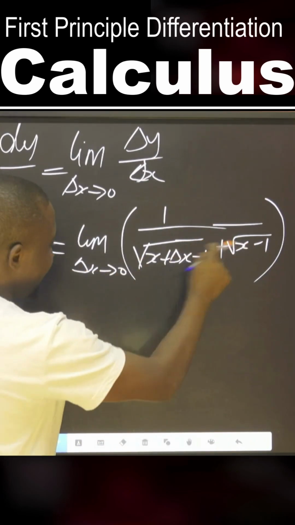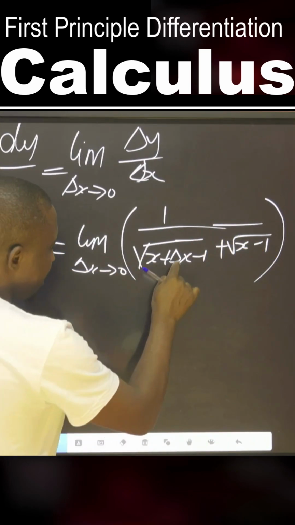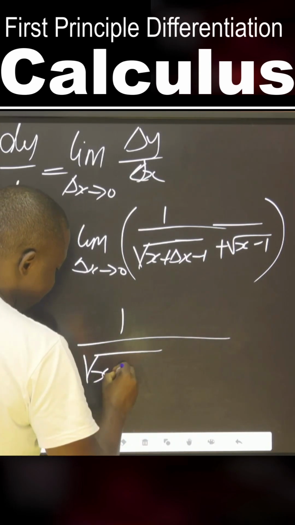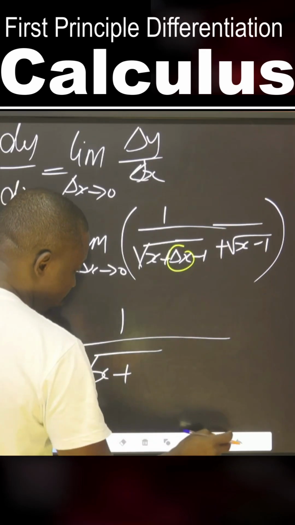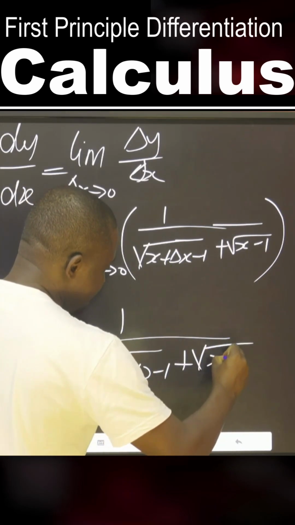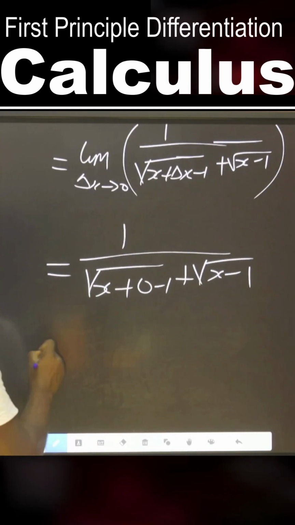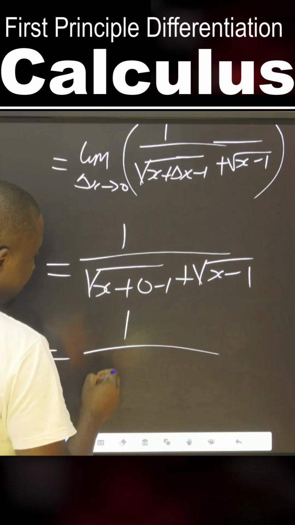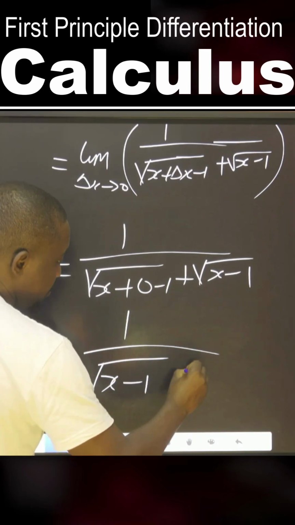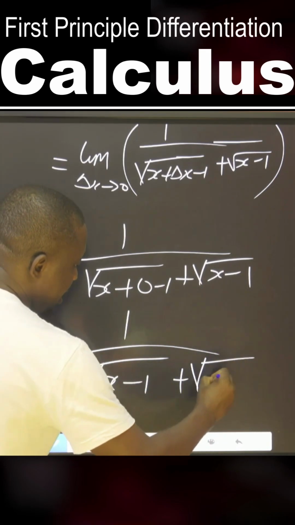Now, what is the meaning of this going towards 0? It means we are going to introduce here s. Anywhere we see this, we put 0. Okay? 0 minus 1 plus this s minus 1. That is to say now we have 1 over the square root of x minus 1 plus the square root of s minus 1.